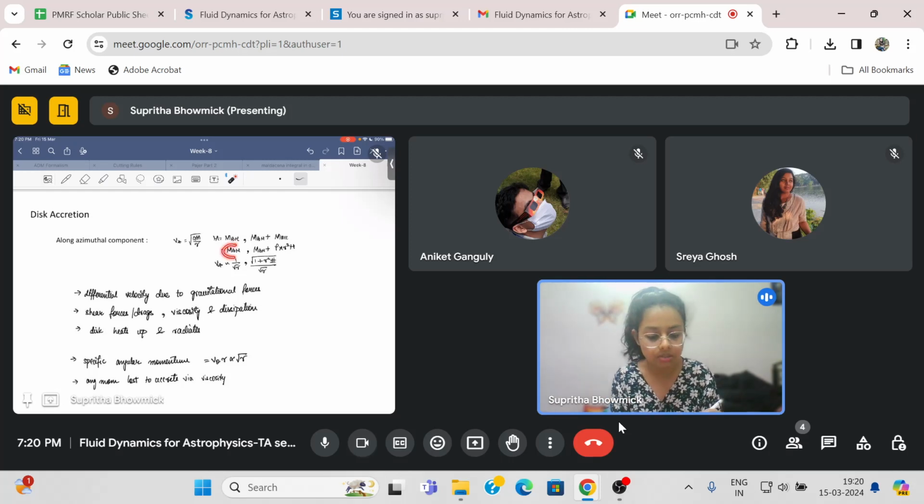So either this goes as mass of black hole or mass of black hole plus rho pi r square h. This is the mass of the accreted material. Then v phi, if you find out the radial scaling of v phi, of course m of black hole we assume to be constant with time. So v phi either goes as 1 by root r or it has this radial scaling. In the lectures, you were supposed to ignore this mass of accretion with respect to MBH.